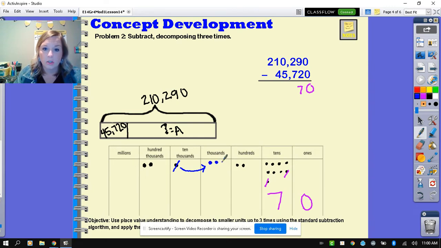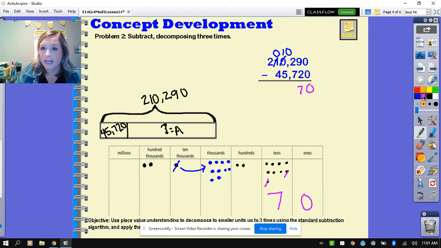So 1, 2, 3, 4, 5, 6, 7, 8, 9, 10. Well, that still doesn't fix our problem, right? We still need to get cashed in the hundreds. So far what I've done is I took this 1, I made it a 0. This 0 became a 10 because we now have 10 in the thousands column. You see where I'm at?